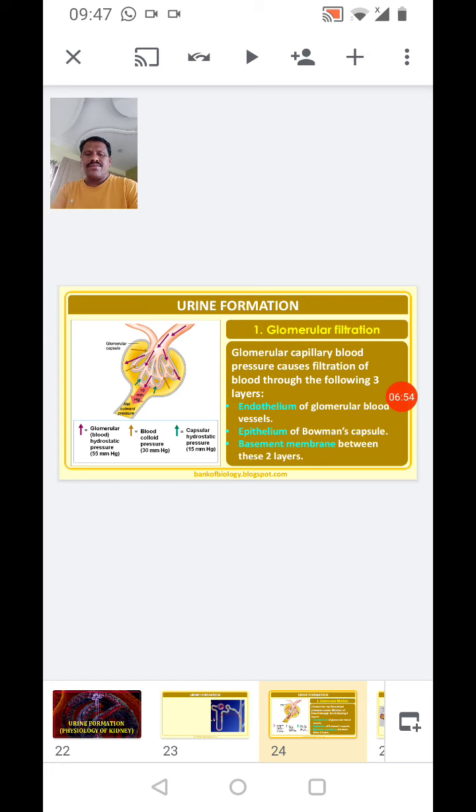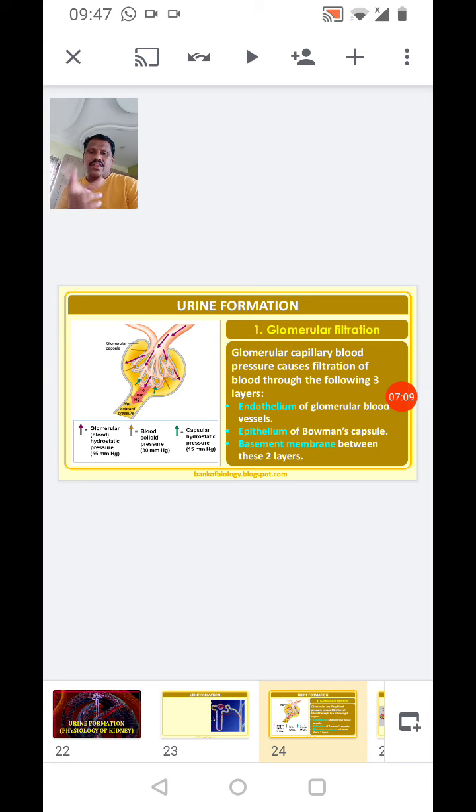Here you should remember the hydrostatic pressure of the blood of the glomerulus is 60, which favors the filtration of the blood, and the other two pressures do not favor the filtration of the blood.